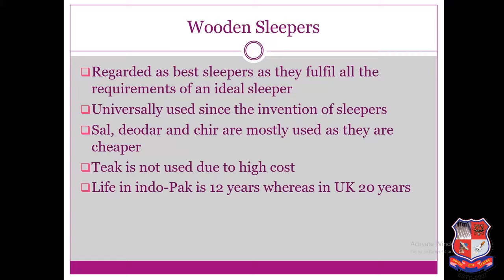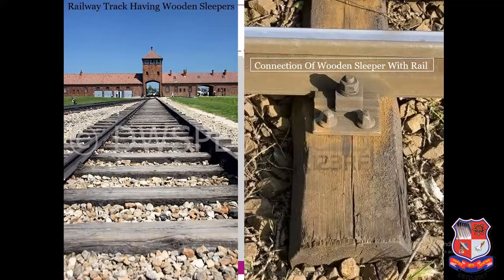Normally, the life of timber sleepers in Indo-Pakistan is 12 years, whereas in the UK it may be 20 years. As you see in this picture, timber sleepers can be arranged with different fastenings to the rail.